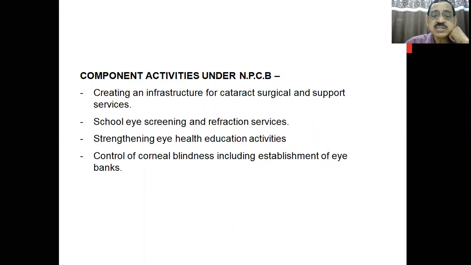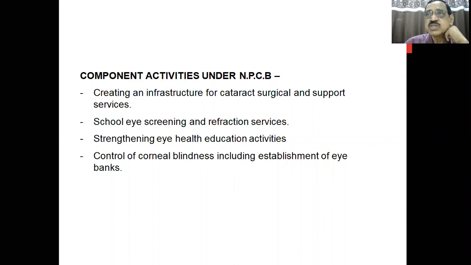The second thing is school eye screening and refraction services. In most of the rural and tribal areas, the children are not aware that they have a refractive error. So they go on moving down because the person just in front of them is clearly seen, but at a distance they will not be able to make out.